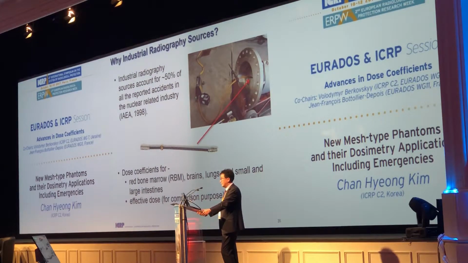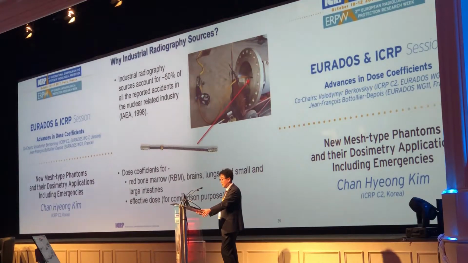And here you can see the industrial radiography device, and actually the source is very small. You can assume it as a point source, and the source is iridium-192 or cobalt-60.